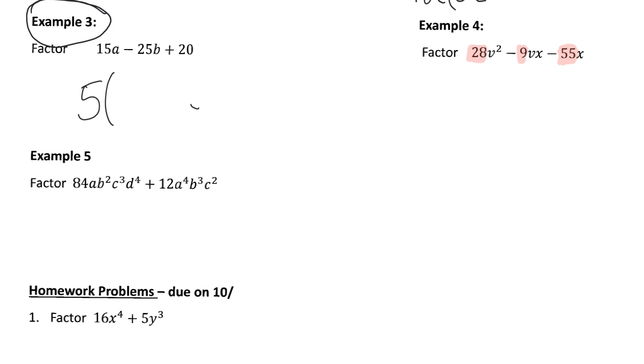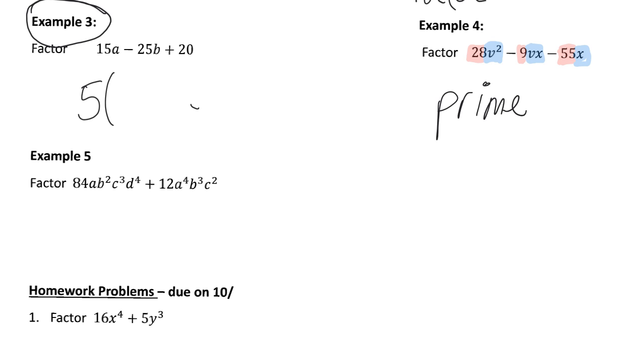So we can't take out a number GCF, but what about a variable? Is there a variable that all 3 of these terms share? No. So there's not a variable and there's no number that they all share. So that means this is not factorable, or it's prime.